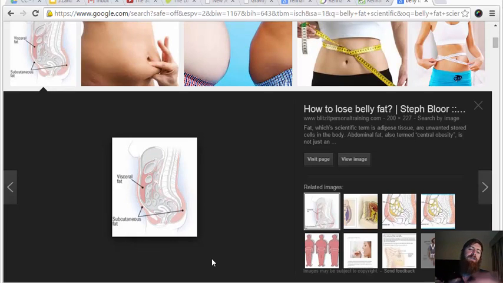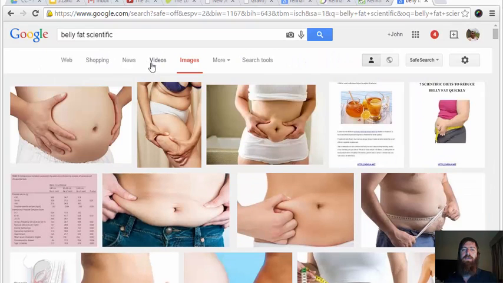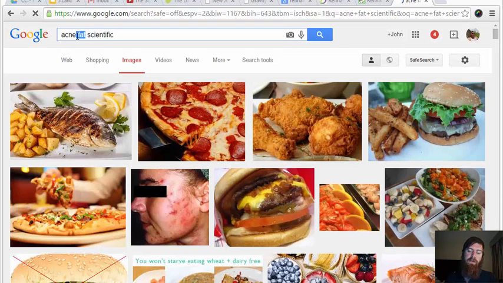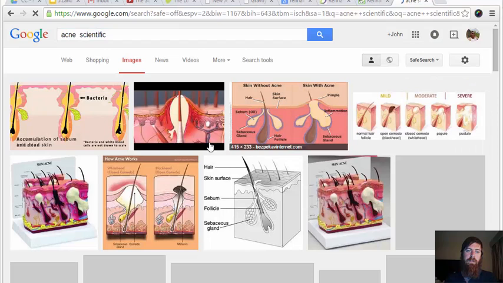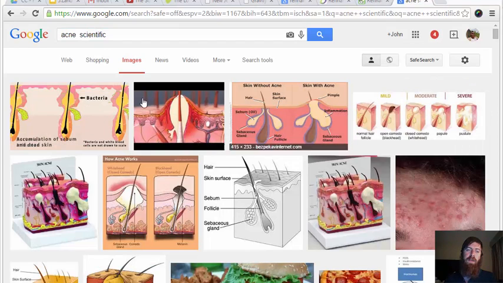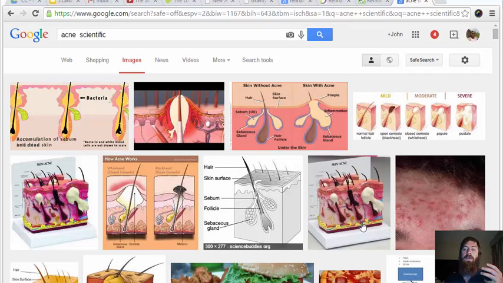You don't need any other things supporting this image for people to assume that your product, let's say I'm selling a diet pill, is going to get rid of this fat and this fat. So you can do this for any product. All we have to say is acne, and we put up some pictures of acne like this, and suddenly people think we know what we're talking about more than other people.